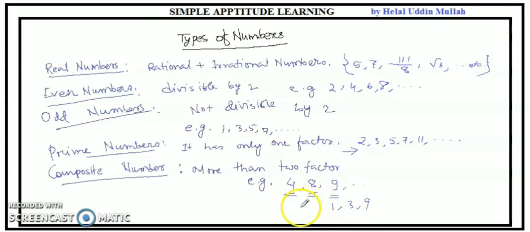So these types of numbers are known as composite numbers.